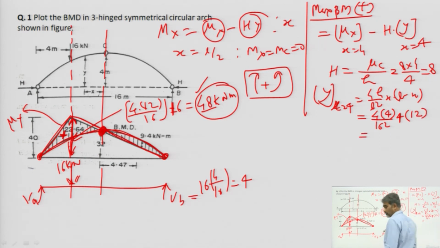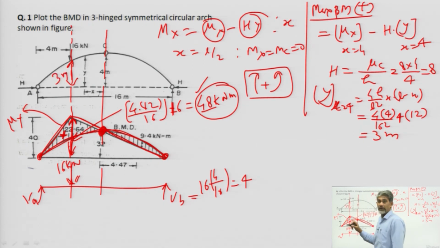So, what we are getting? 16 into 4 into 12 divided by 16 square. We are getting 3 meter. So, the ordinate value at x is equal to 4 is 3 meter.